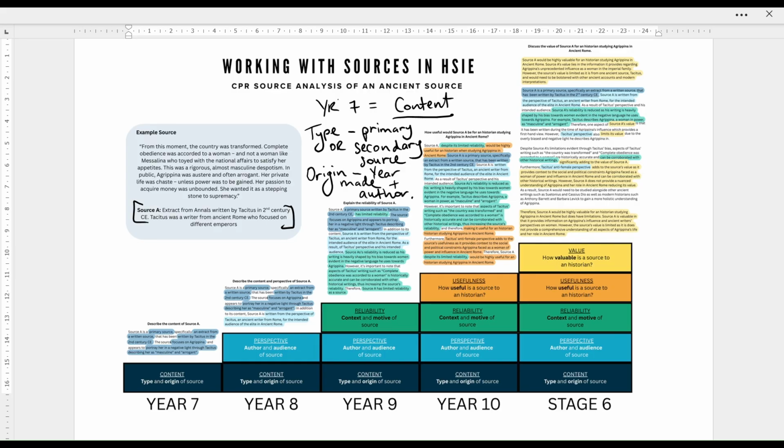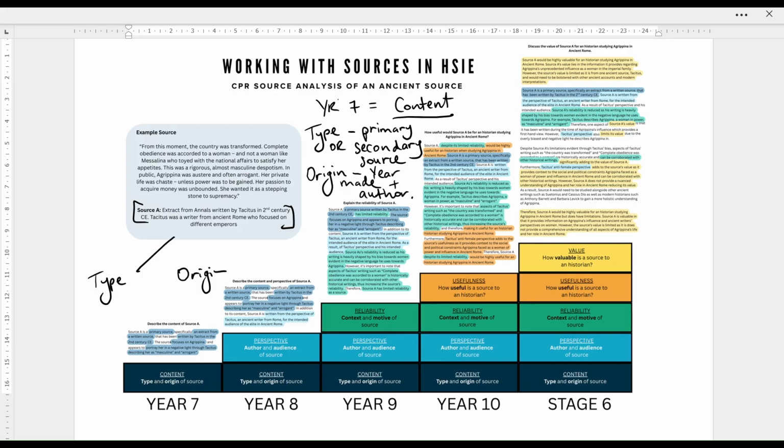But let's read it. Extract from Annals written by Tacitus in the 2nd century CE. Tacitus was a writer from ancient Rome who focused on different emperors. So if we look at type there, please do the same here, guys, so you can see how we annotate it. And origin. Type of source, we're looking at whether it's a primary or secondary.